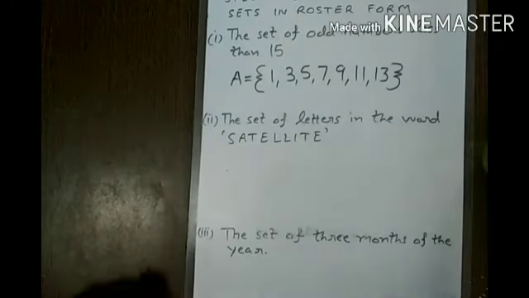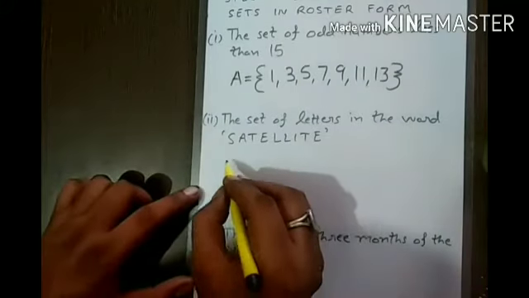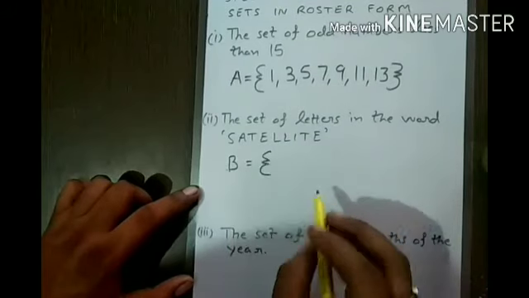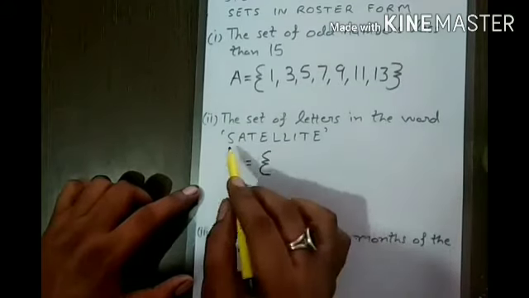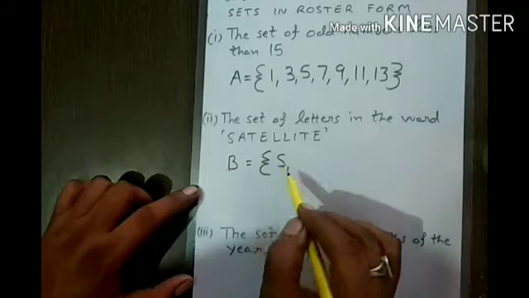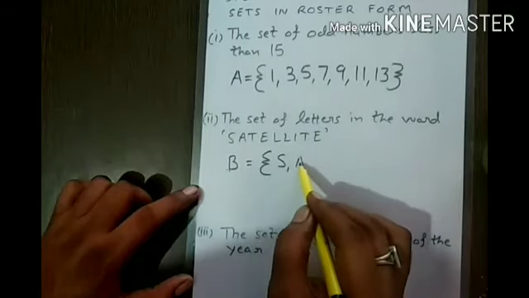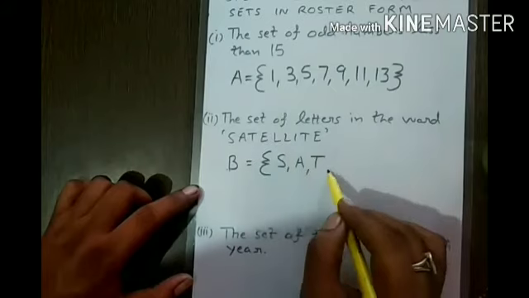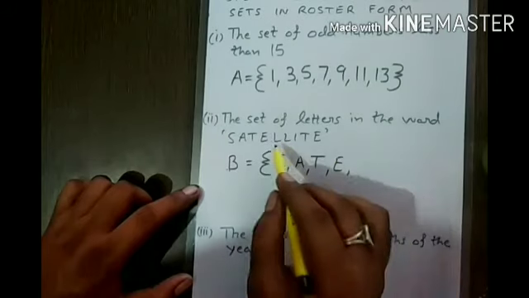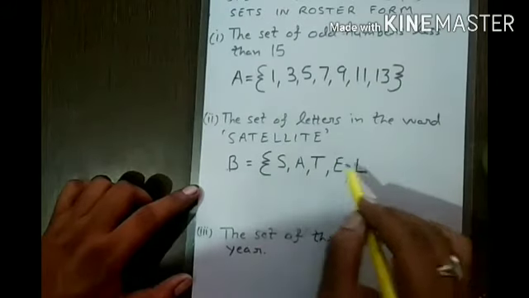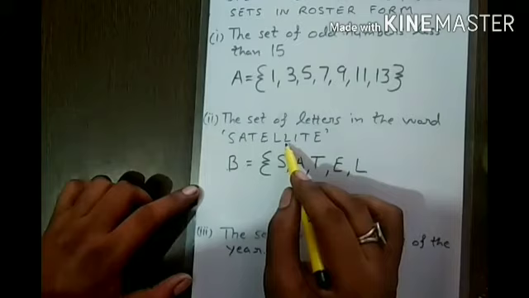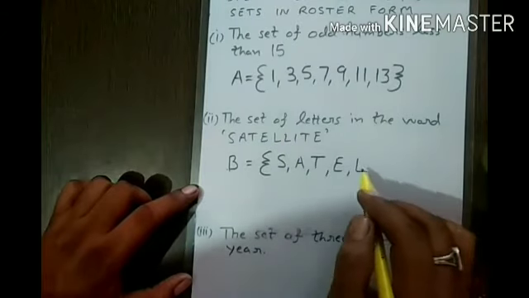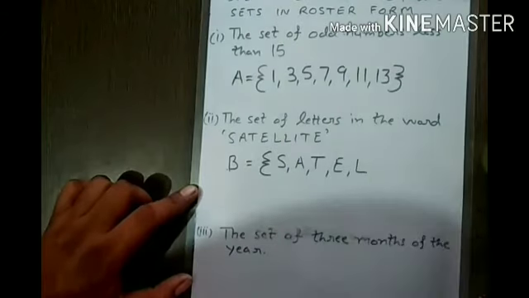So I will name the set B and start from S. The first letter is S, then comma, then A is different from S, then T is also different, then E, now L. Now you see L is repeating, but in the set form I will not write the repeating alphabet.